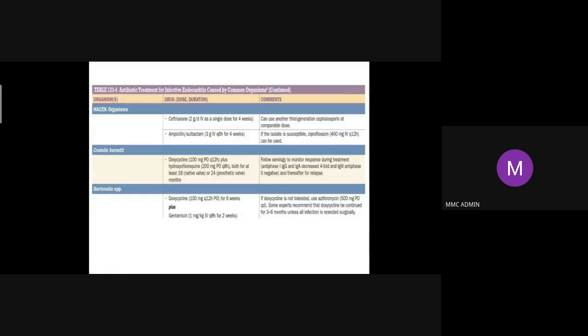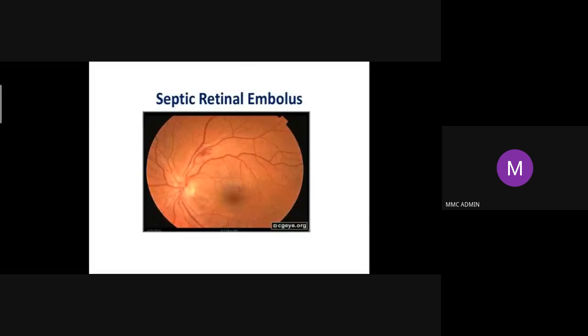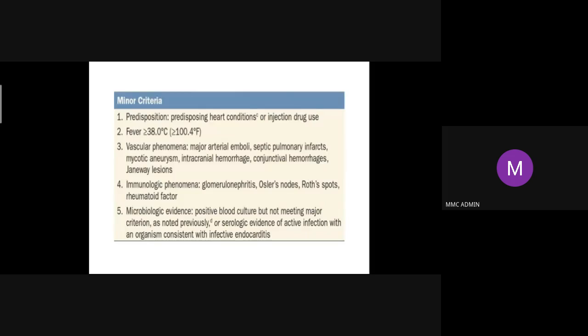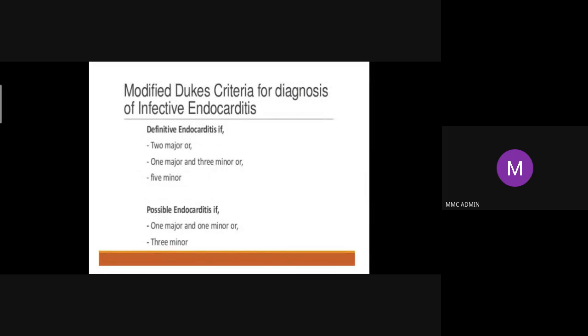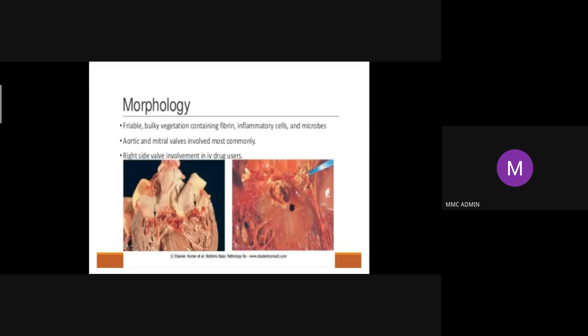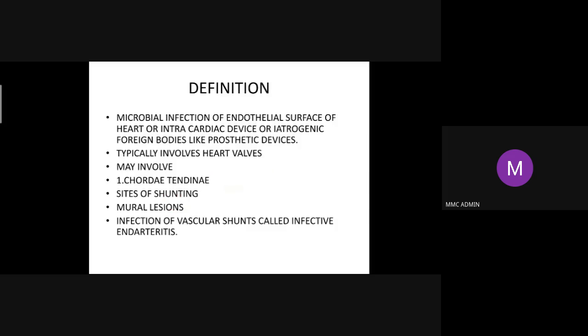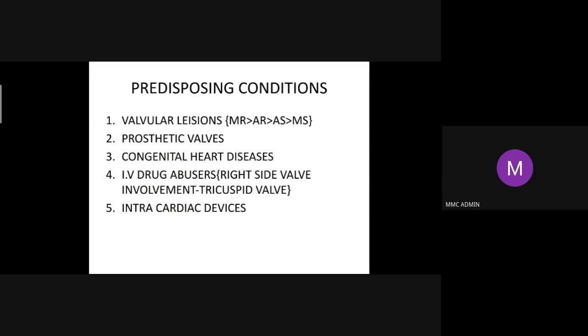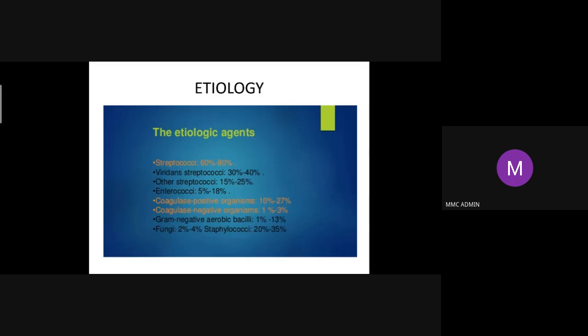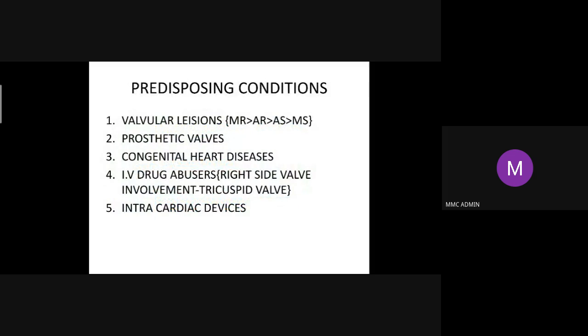The most important thing to remember in infective endocarditis is the formation of a vegetation in the heart due to bacteremia. Initially, I will revise the main topics. You should mainly remember the etiological agents responsible for infective endocarditis.